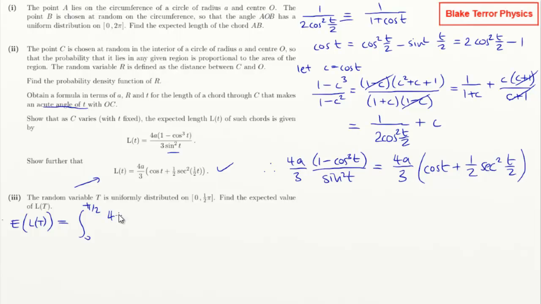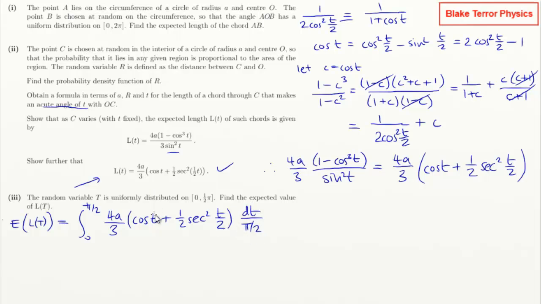So we're wanting to integrate this anyway: 4a over 3 cos t plus half sec squared t over 2. We're uniformly distributing from 0 to pi over 2, so we're going to have our dt divided by pi over 2.